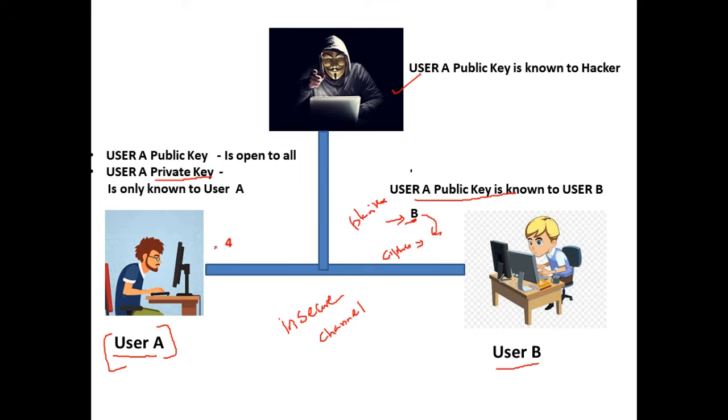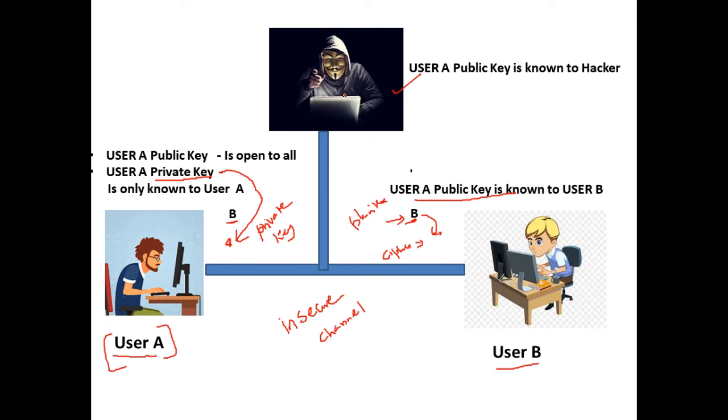And now user A can decrypt. How will he decrypt this? He will use his private key and he will decrypt it to get the original plain text P. So for decryption we use the private key, whereas for encryption the public key of the user is being used.